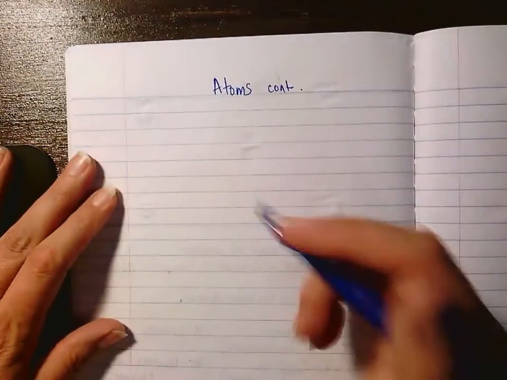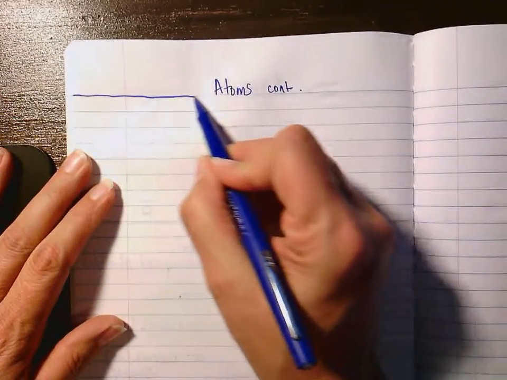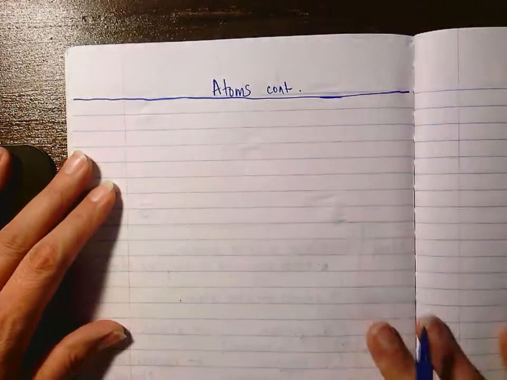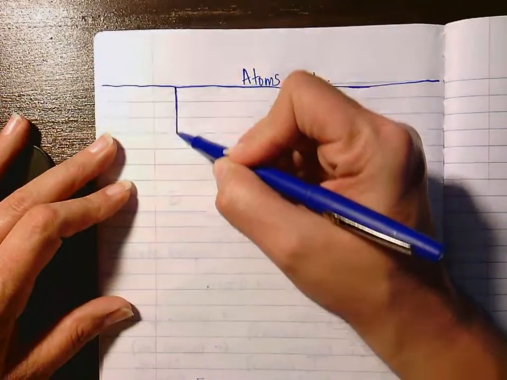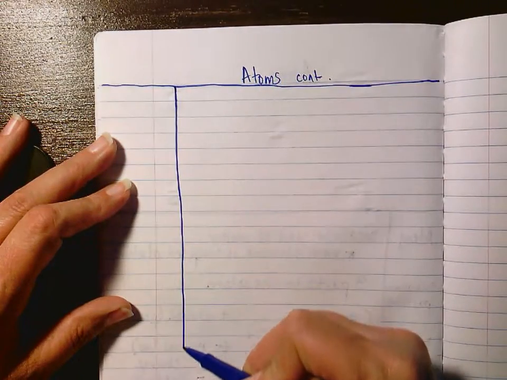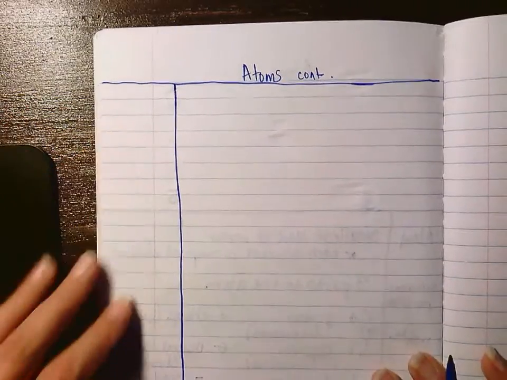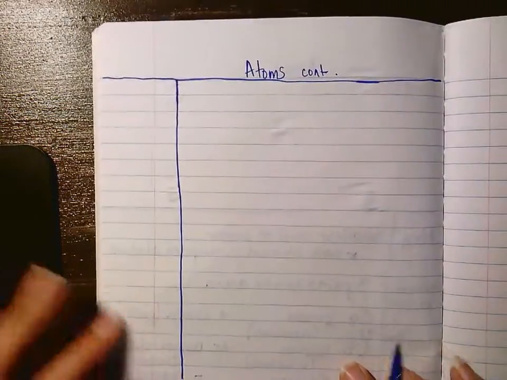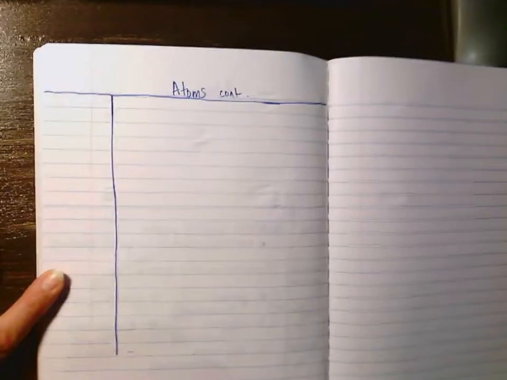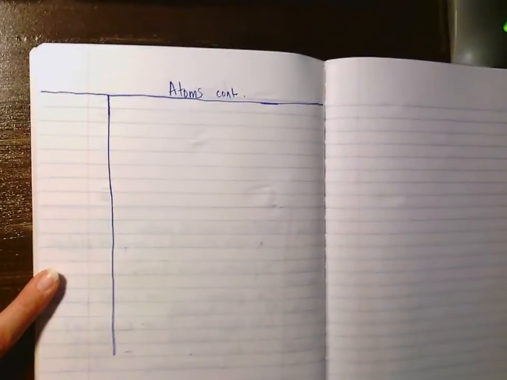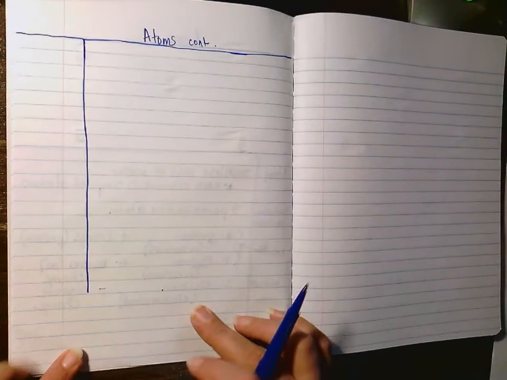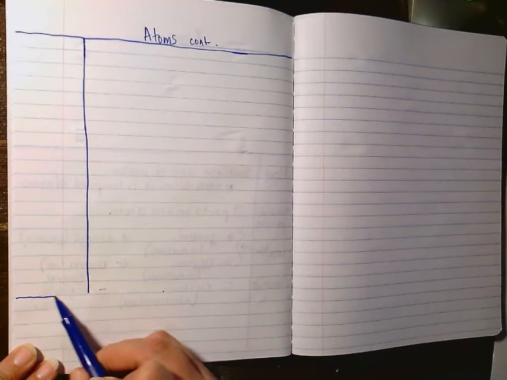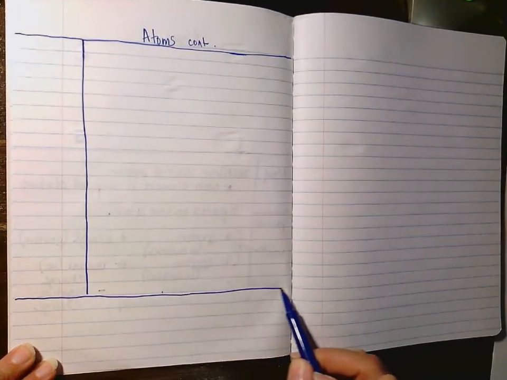Okay, we're going to go ahead and draw a line across the top, and then we are going to draw a line, but we're going to stop about 5 lines till the bottom of the page. If you take a look at mine, let me get this camera up higher. Okay, I stopped about right there, and I'm going to draw another line across the bottom right here.